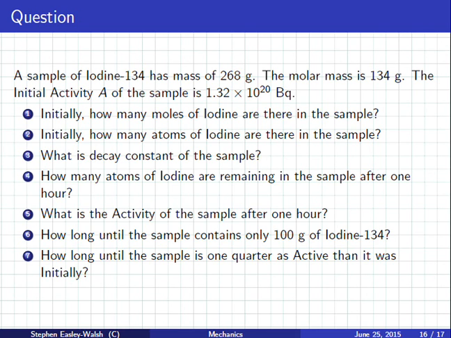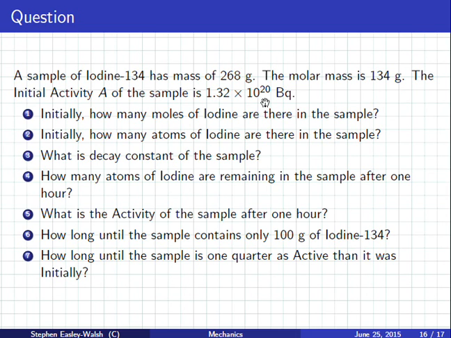Okay, so therefore, how many atoms are in this sample? If there are 2 moles, how many atoms are there? 2 times 6 times 10 to the 23.